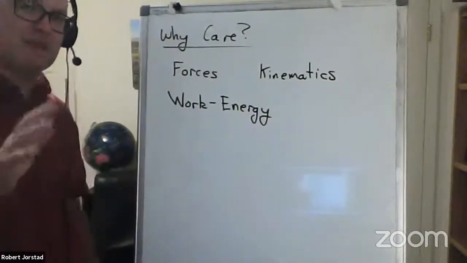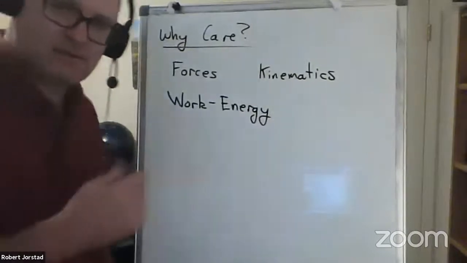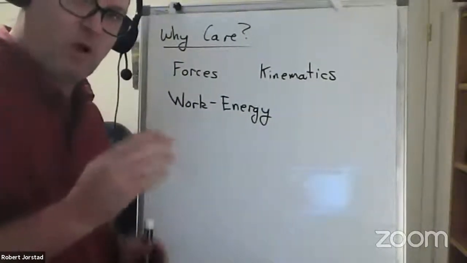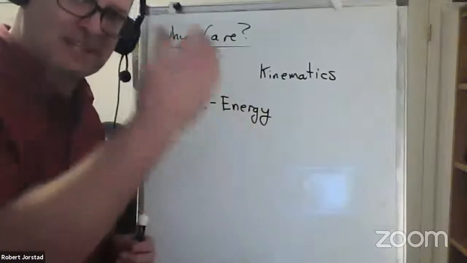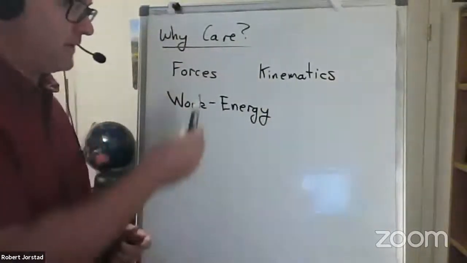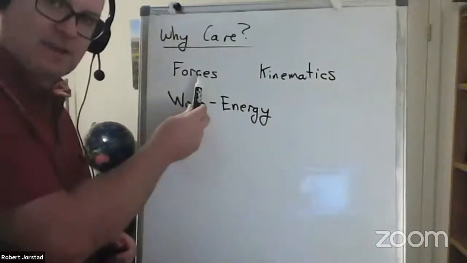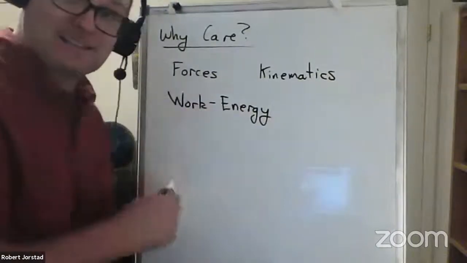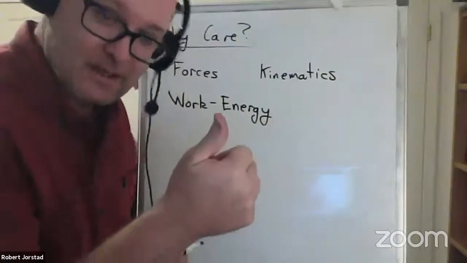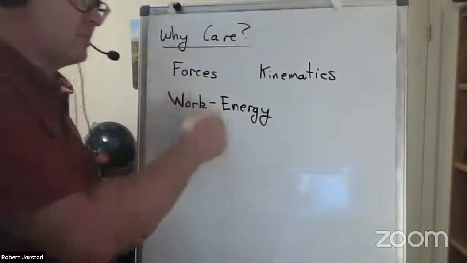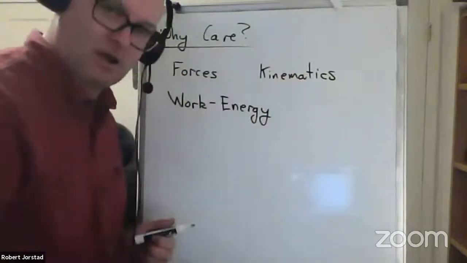And you may not have noticed this, but in the previous problem, let's say we wanted to get the speed of the object at the end of the problem. We would have first done forces, done a lot of different calculations, determined the acceleration. Then we could take that acceleration, plug it in here, and do a kinematics problem.